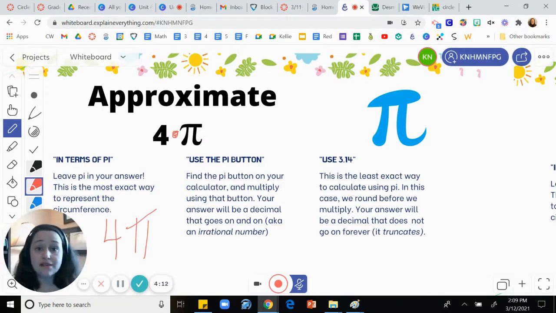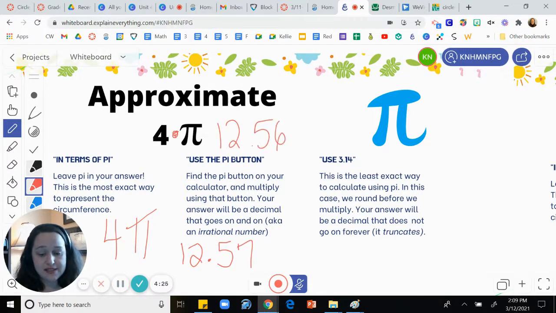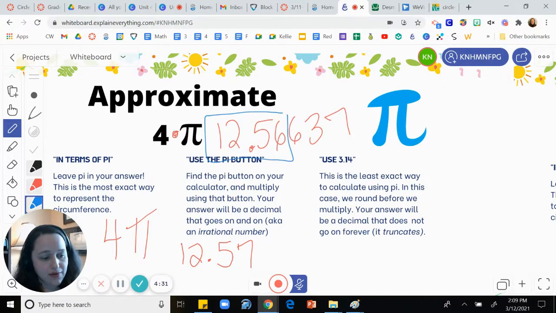Round appropriately, all right? My rule of thumb is usually 2 digits after the decimal. And if I have a strong preference beyond that, I'll let you know. So this one came out to be 12.56637 and so on. So 2 digits after the decimal tells me that I'm going to be rounding to this spot, but the second 6 tells me to round up.